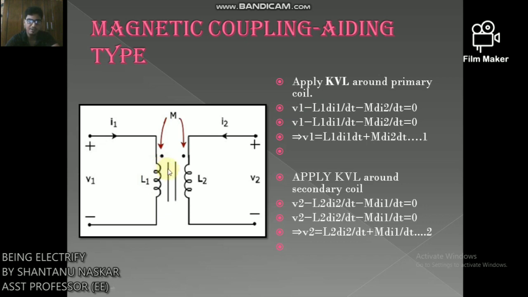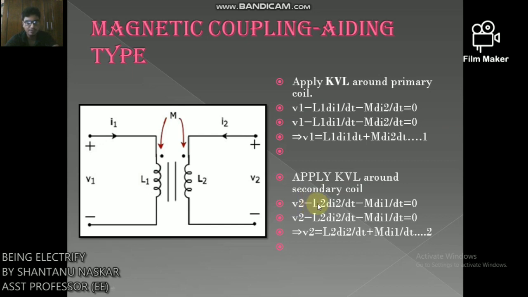So we are again applying KVL around the primary coil. V1 minus L1 di1 by dt minus M di2 by dt equals 0. Then V1 equals L1 di1 by dt plus M di2 by dt. This is equation 1. Then apply KVL around the secondary coil.